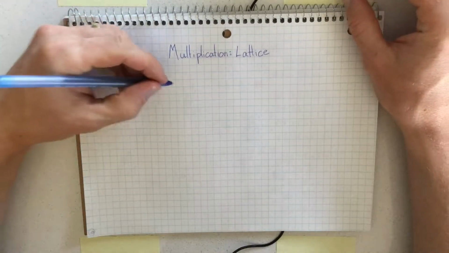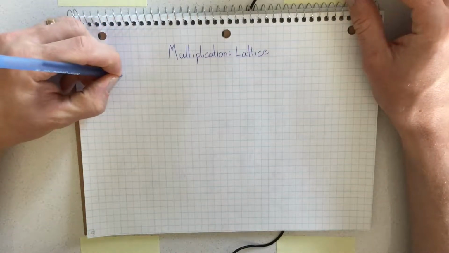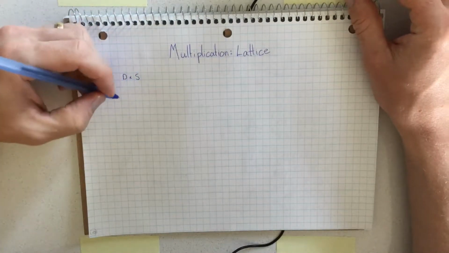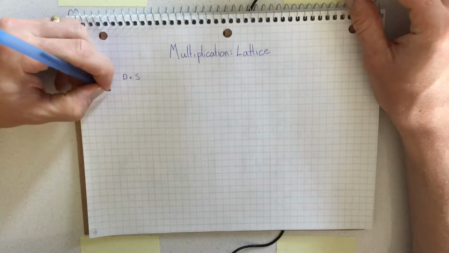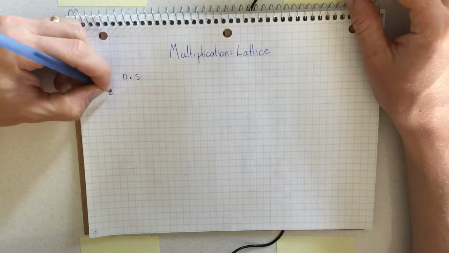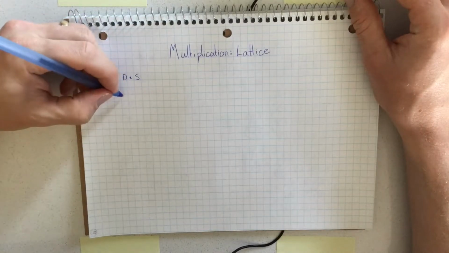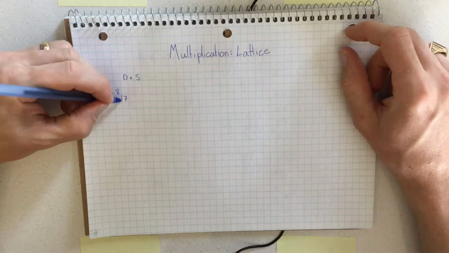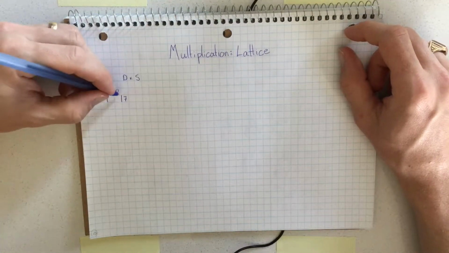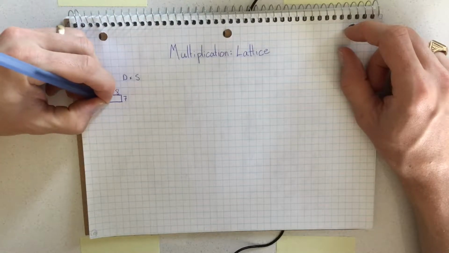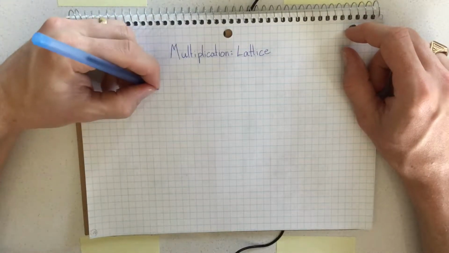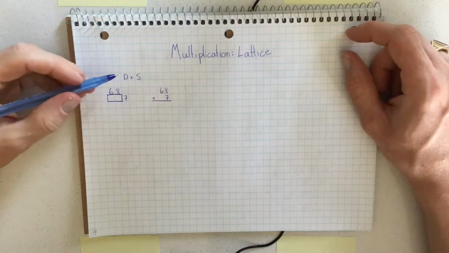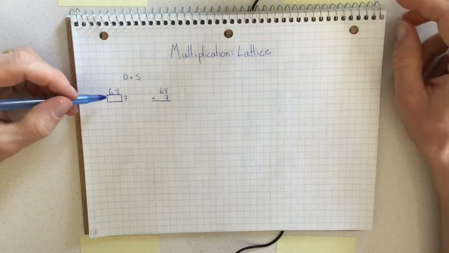So let's begin. We're going to start with a double by single digit problem: 68 multiplied by 7. And you can see immediately that unlike traditional vertical multiplication, where we would write this as 68 multiplied by 7 and have to line up all of the place values, in lattice multiplication you're creating a grid.